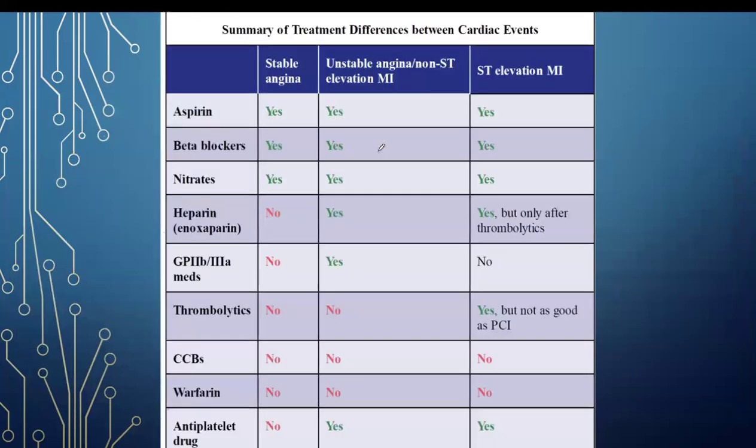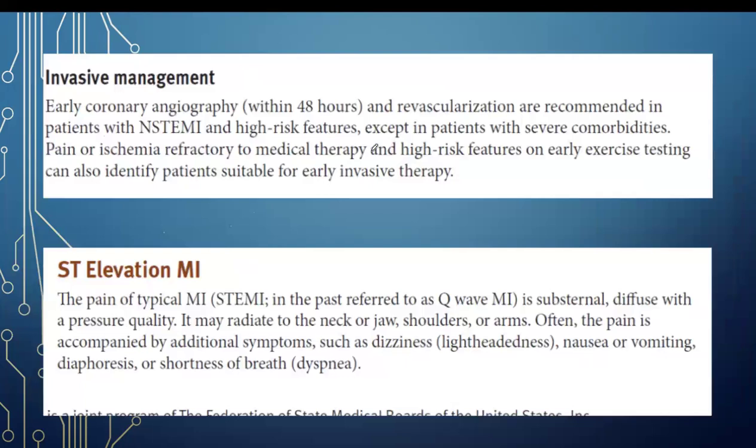So that's the main thing you should remember from what we have discussed so far: if it is an ST elevated MI, first aspirin followed by angioplasty, or thrombolytics. For non-ST elevated MI or unstable angina, after aspirin, we go for low molecular weight heparin.